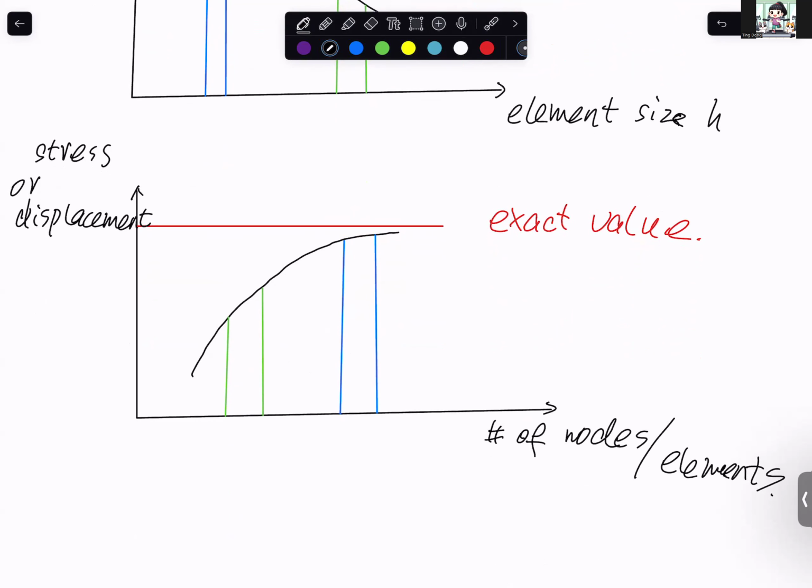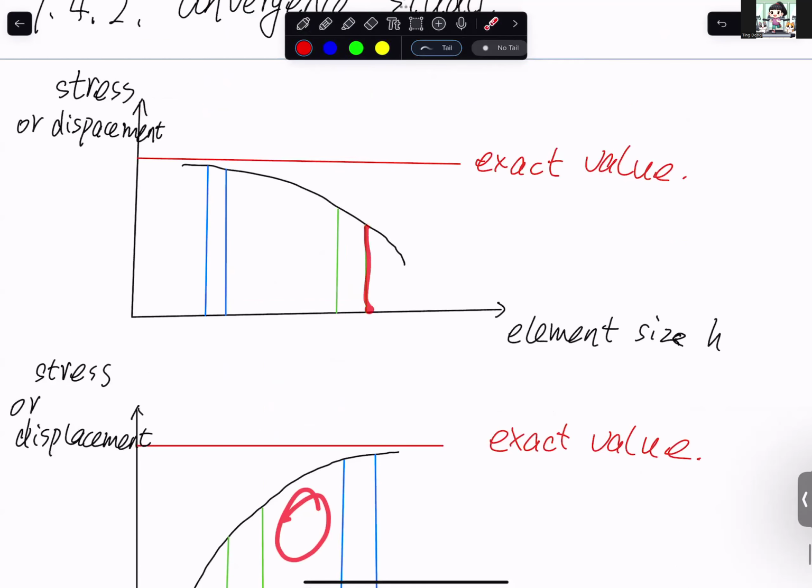Mathematically, of course, we as engineers always want to simplify our process. We always want to use the minimum amount of time to get the result we want. So instead of trying, let's say I skip the central part, instead of trying, okay, use this element size and keep refining until at a point it converges, actually, we do have a mathematical model that we only need 3 data points.